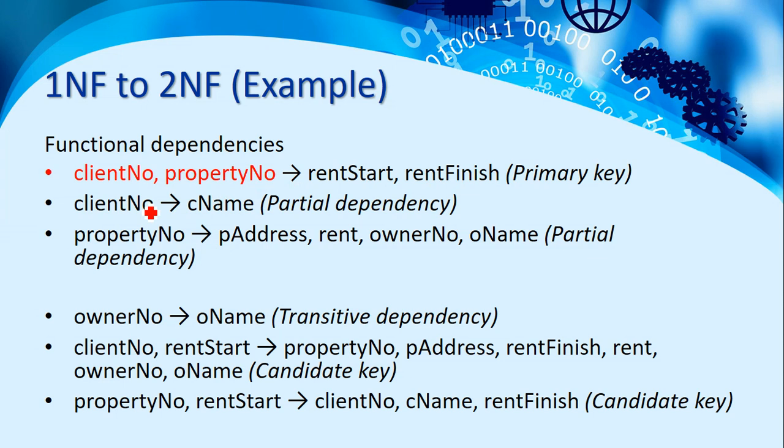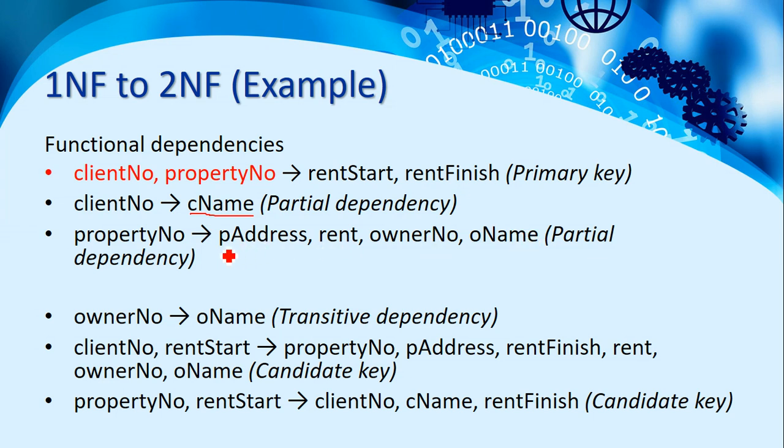However, we also have a partial dependency in client name. Same also with this one here, property number, since property number functionally determines the property address, the rent, the owner number, and the owner name.